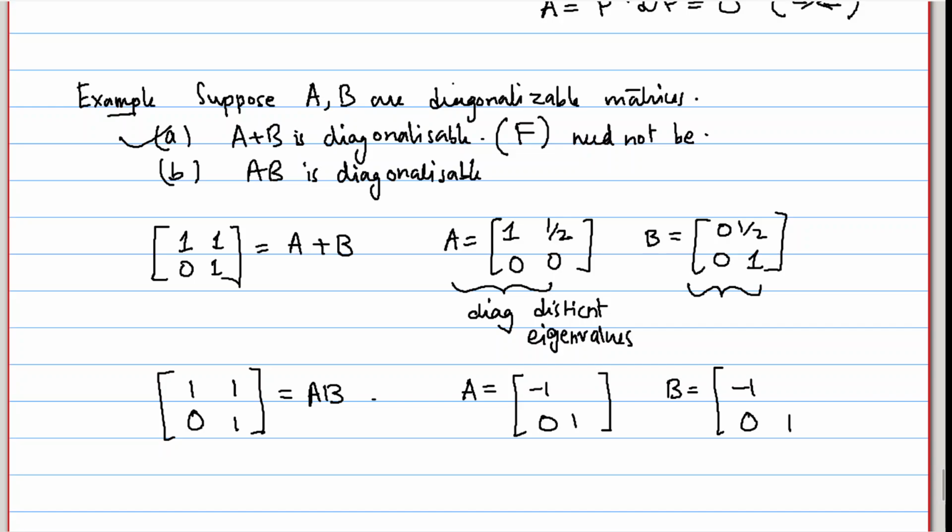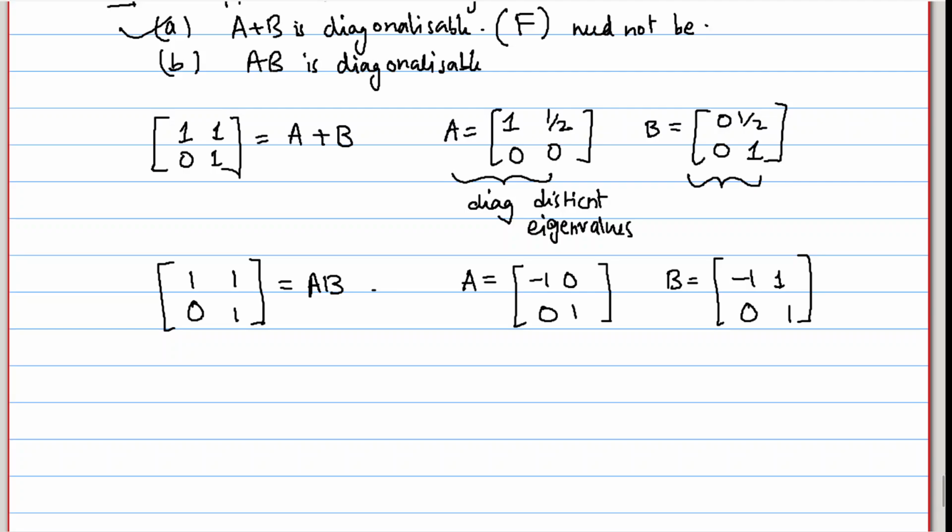This has to be 1, so minus 1 times something. Let's take, for example, a 0 here and a 1 here. So just observe that this holds. AB will be, fine, this is it.